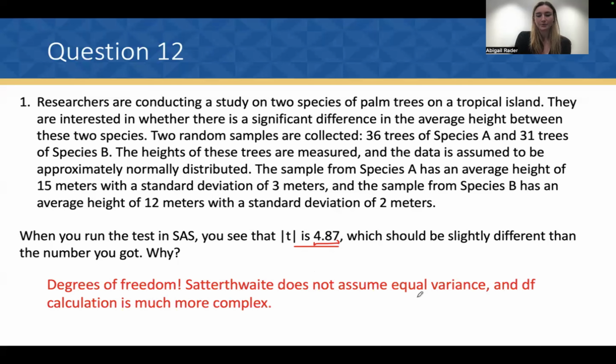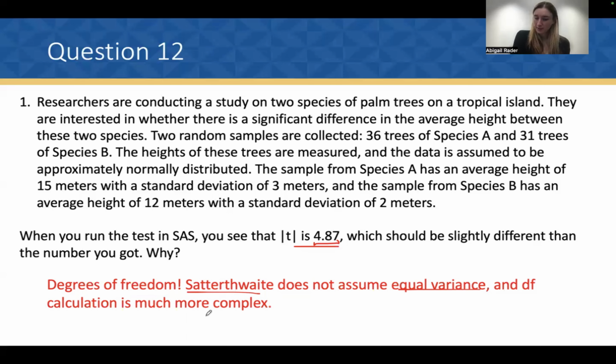We are not assuming equal variance. And what that means is that we use the Satterthwaite method of calculating our degree of freedom and associated p-value. Because that calculation is more complex, it's going to be a different t.